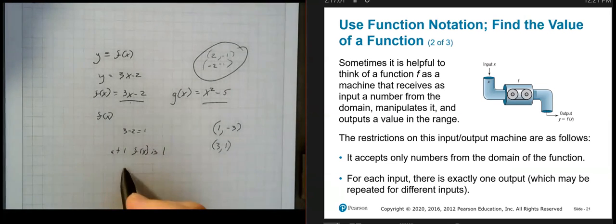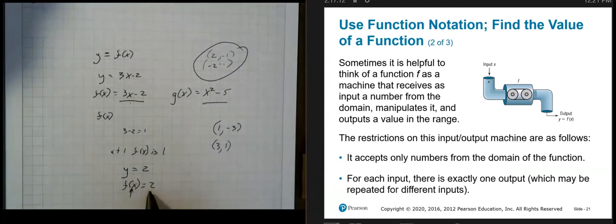So for the function y equals 2, or f of x equals 2, it doesn't matter what number I put in for x, I'm going to get a 2. Because is there an x in this expression over here? Do you see an x there? Yes or no? Okay. So it's not going to affect it.